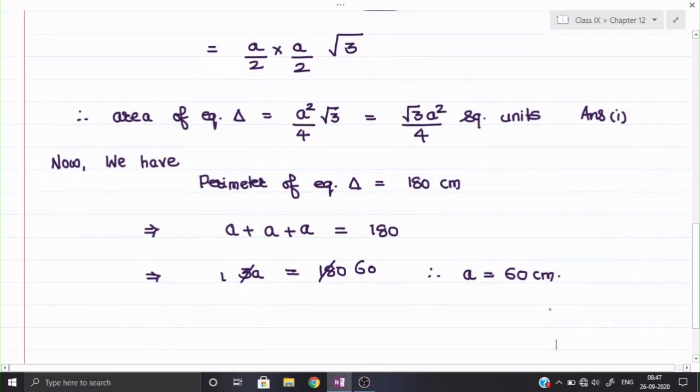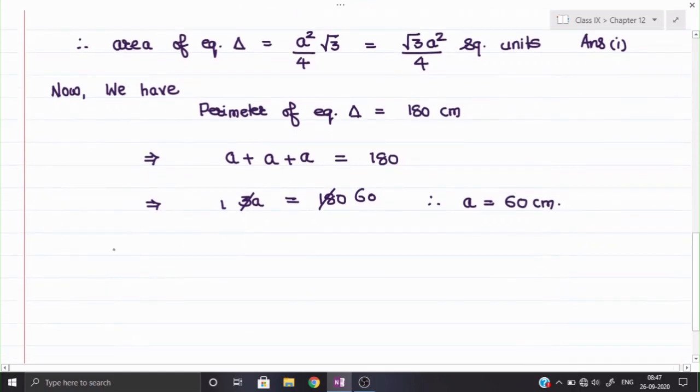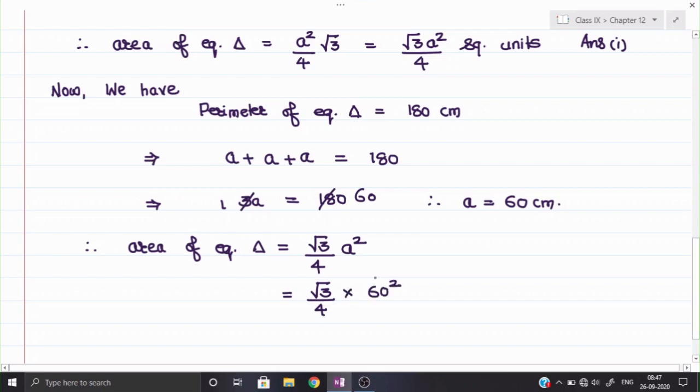Now we can find out the area. So we can say that therefore area of equilateral triangle is equal to root 3 upon 4 a square. Now this formula you can utilize because you have proved in the first part. So let us put up the value here. That will be root 3 upon 4 into square of 60.